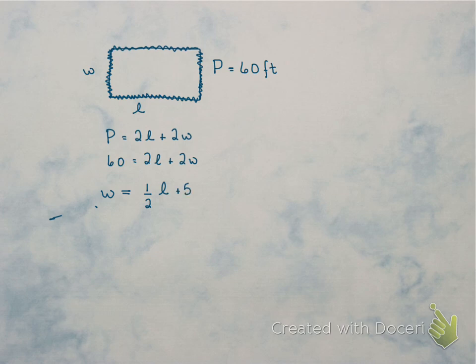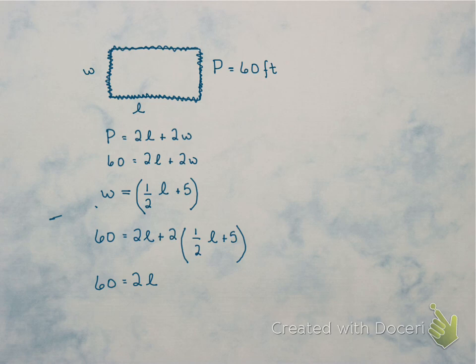When we use that now as a substitution, 60 is equal to 2L plus 2 times what W is equal to. So when we do that, we only have now one unknown. The length is our only unknown. So we can distribute there because the goal here is to find the possible dimensions of the garden.